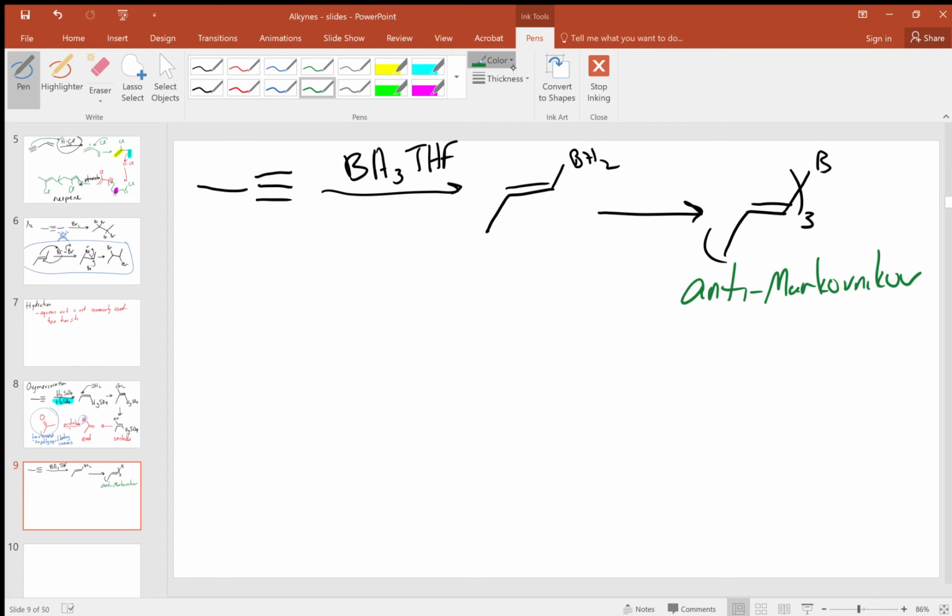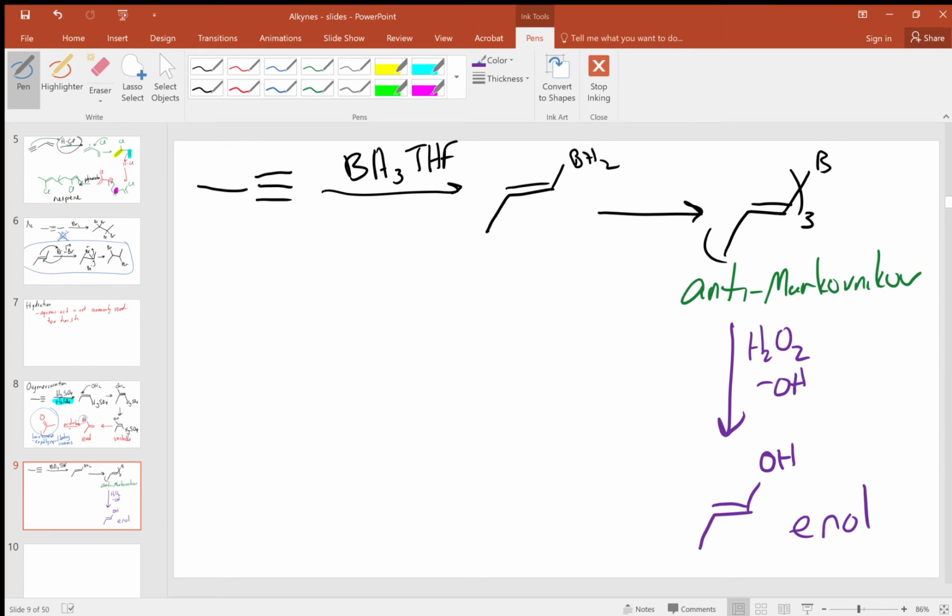Now, hopefully you recall at this point that what we did with alkenes in that reaction was add peroxide and base. The peroxide and base was able to convert our alkyl borane to an alcohol, and it does the same here. But once again, just like with the oxymercuration, we've made an enol.